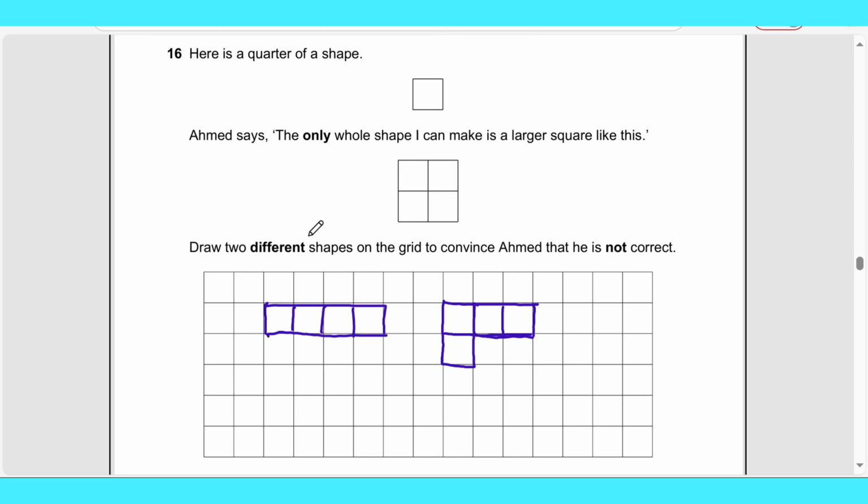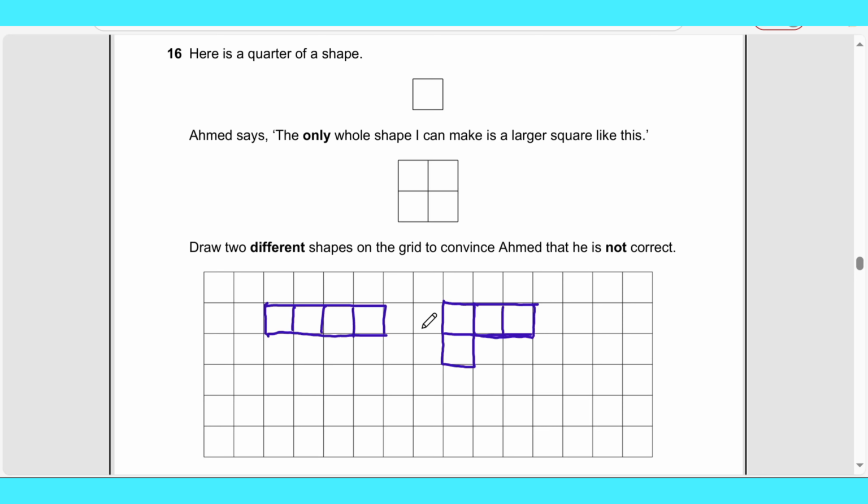So we can draw this rectangle shape instead of the larger square, or we can make an L shape. So there are many possibilities. These are two examples of that. Okay, if you have any other example, you may comment in the comment section.